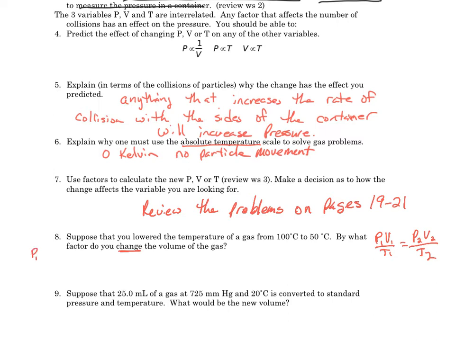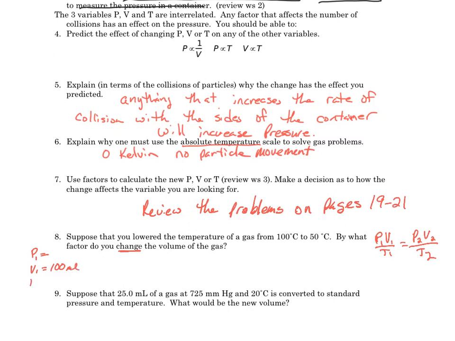So P1, do I have a P1? I don't. Do I have a V1? It doesn't give me a volume. So I can actually use whatever volume I want. I'm going to use 100.